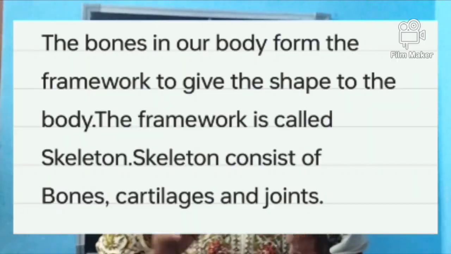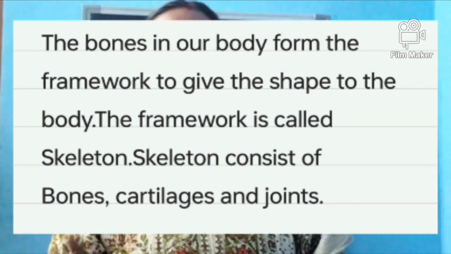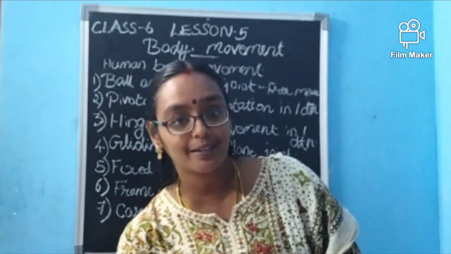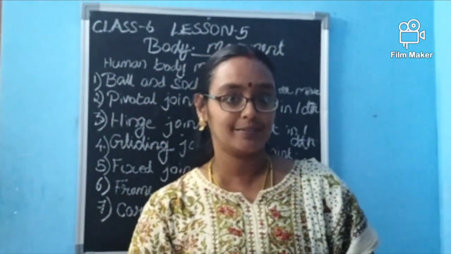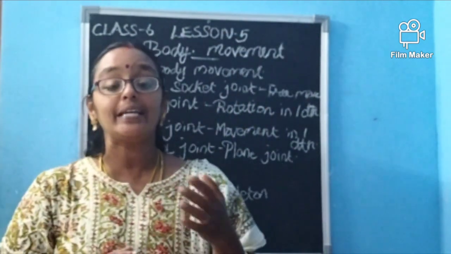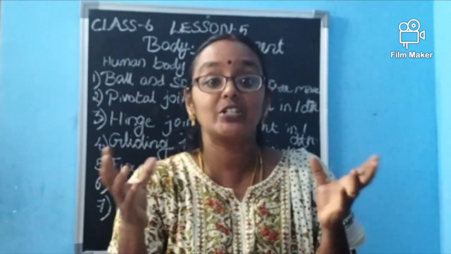Skeletal system, which gives you the structure. The structure of the human body is given by the skeletal system. Okay, how many bones are there? 206 bones are there in the human body, and all these form the skeletal system, which gives you structure.